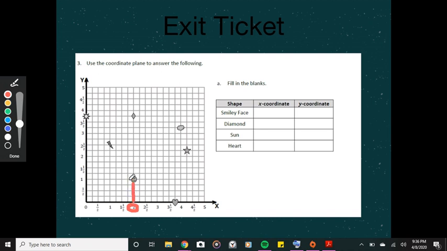Okay, and if I go across, it's going to give me a 1 on the y-axis. Okay, so the x-coordinate is going to be 2. I'm going to write that down. And our y-coordinate is going to be, let me draw my line again. It's going to be 1. Okay, and that's our coordinate pair.